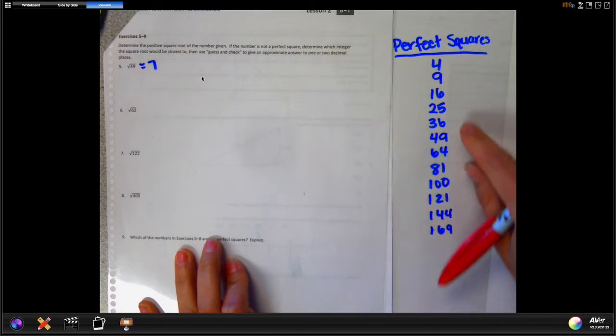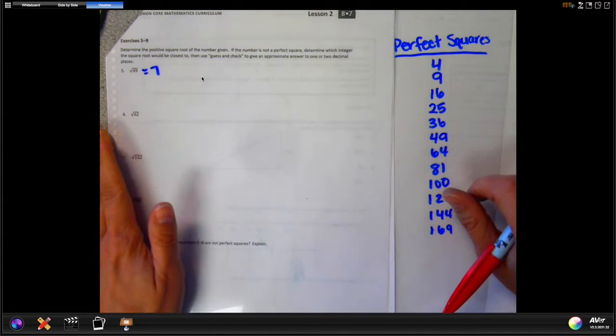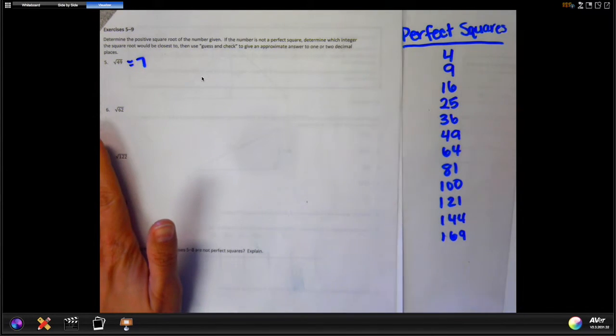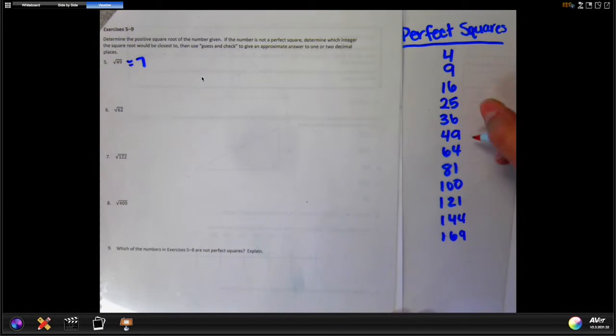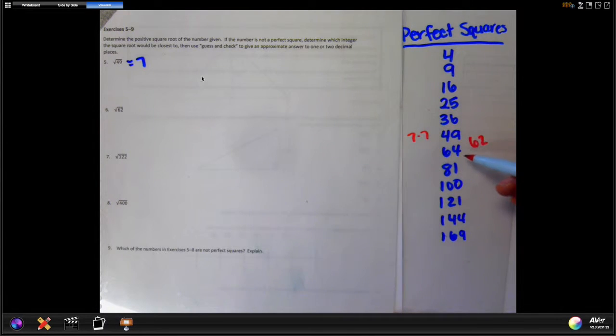So what times what is going to give us 62? And we know it's going to be a decimal. So here's what we do. We look at our list of perfect squares and we say, okay, 62 is going to fall right here between 49 and 64. So how do I get 49? Well, I do 7 times 7. How do I get 64? Well, I do 8 times 8.